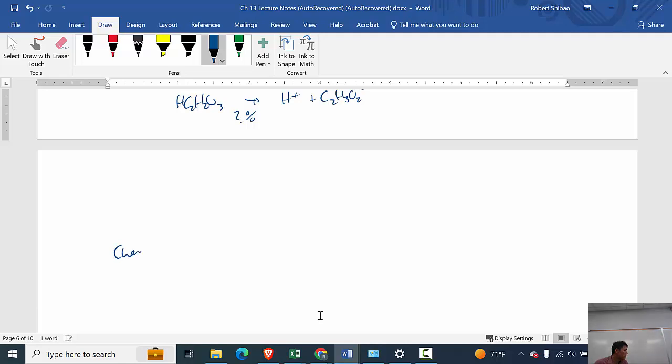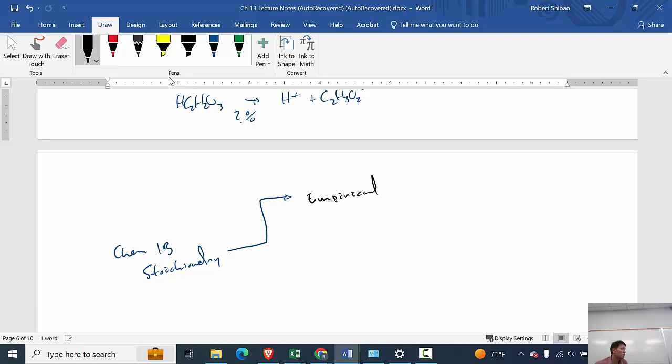So for Chem 1B stoichiometry, we have two approaches to this. The first approach is empirical, through observations, experimental observations.